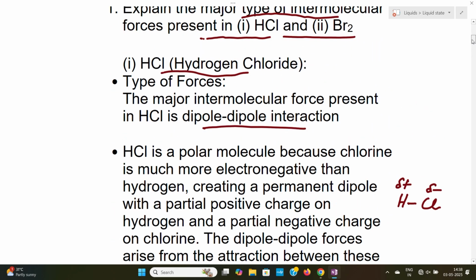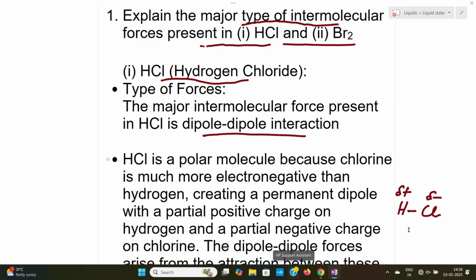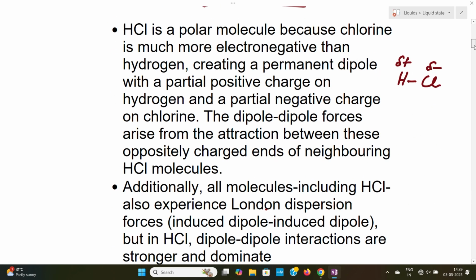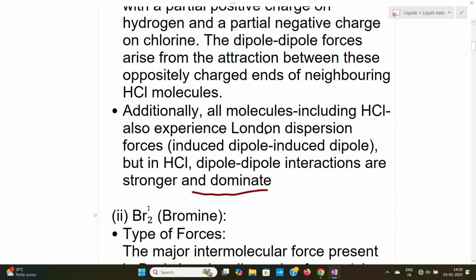So we have to write the answer like this: in the case of HCl, the main intermolecular force is dipole-dipole interaction, and we have to discuss how it happens. There will be a chance of London forces, but in HCl the dipole-dipole forces are strong and dominant. Now let us discuss bromine.